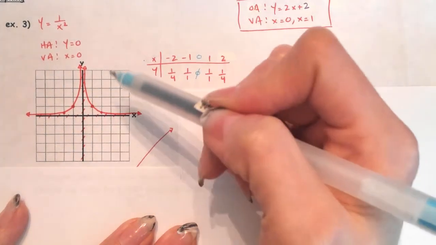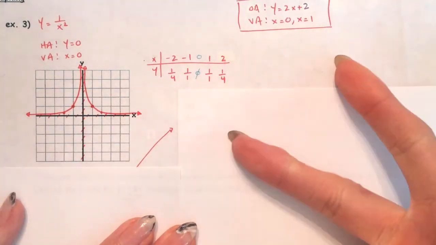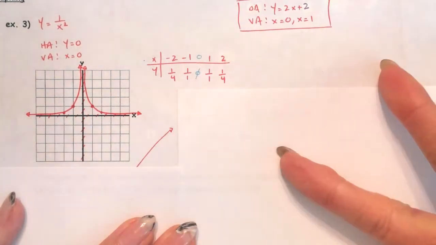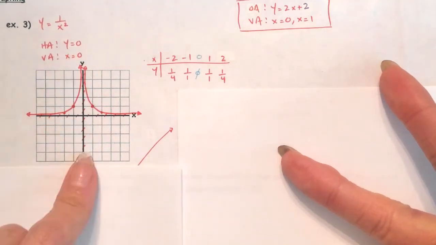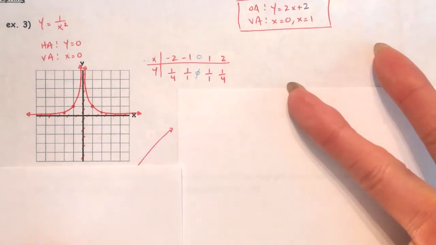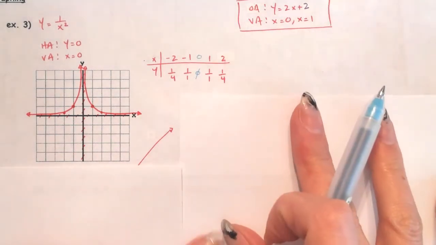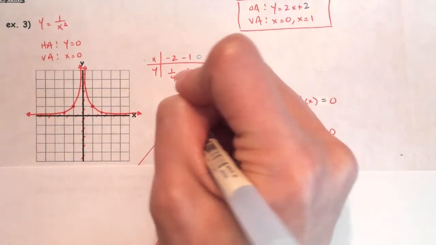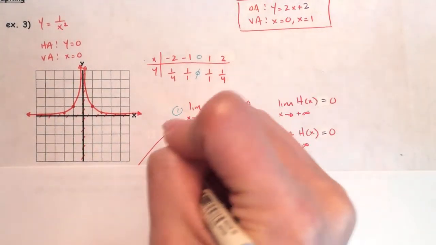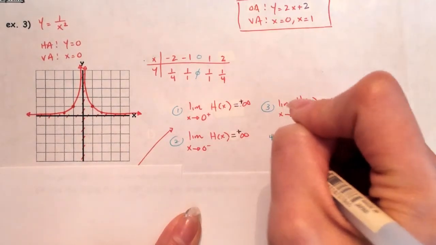So something like this, on the left side and right side, I'm going to have 2 limits, one on the left, one on the right. And then I look for my vertical asymptote. Each vertical asymptote, I want 2 limits. So that's 4 limits total. So I'm going to number them here: this is one of them, another one, another one, and another one.